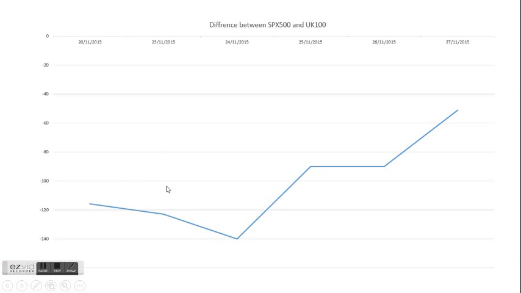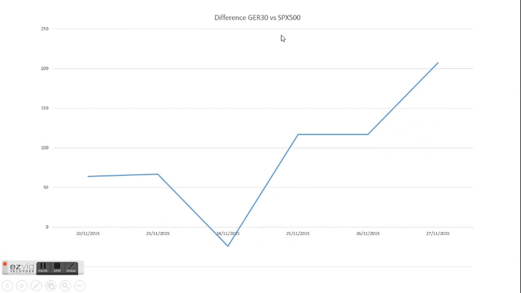This is Friday once again, and we did the same for Thursday, for Thanksgiving in America, so Wednesday to Thursday. On the Friday we closed just above minus 120. This is minus because the UK 100 is lower than the S&P 500, whereas the German 30 is positive because it is above the S&P 500.